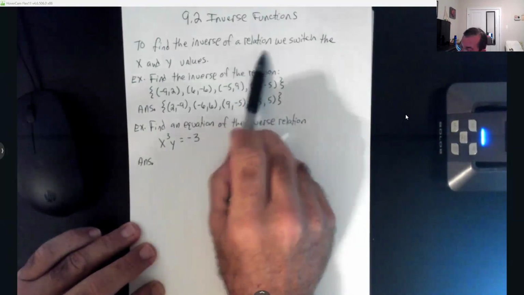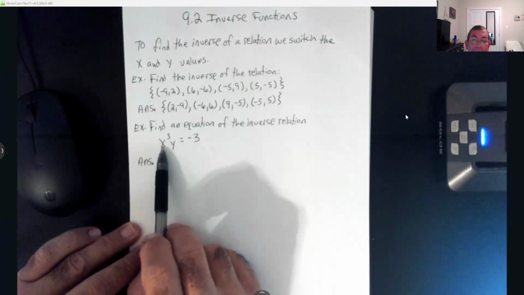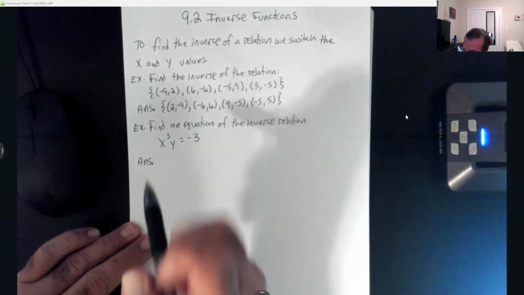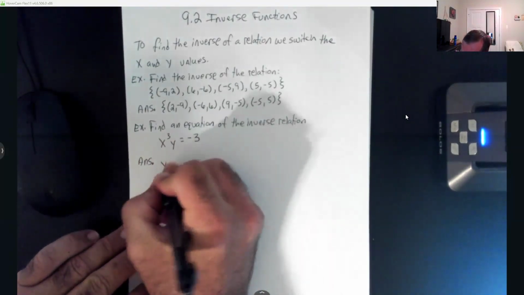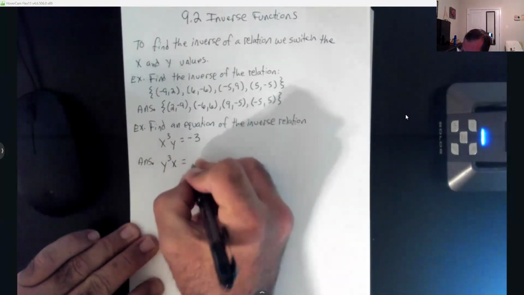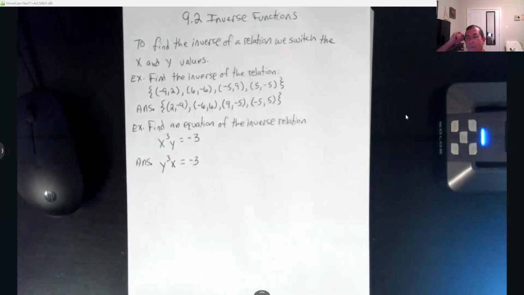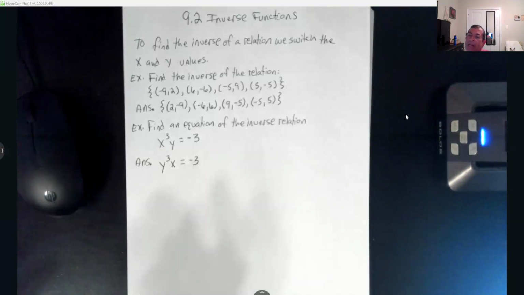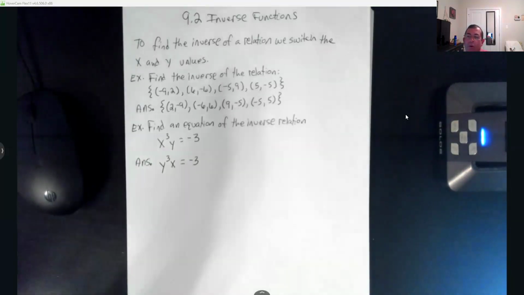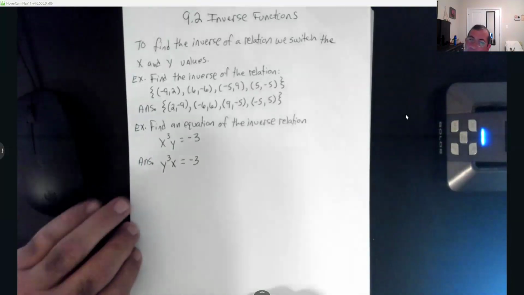You know what they say up here? We just switch the x and y. So if we switch the x and y here, this now becomes y to the third times x equals -3. So y'all are getting an idea on these inverses? All I'm doing really is switching those x's and y's around.